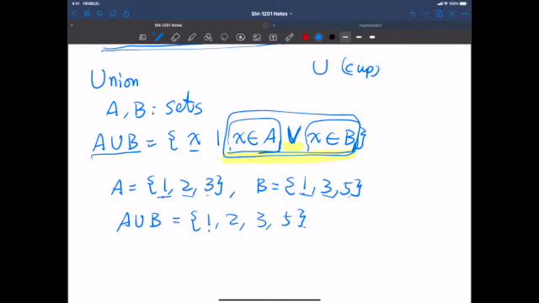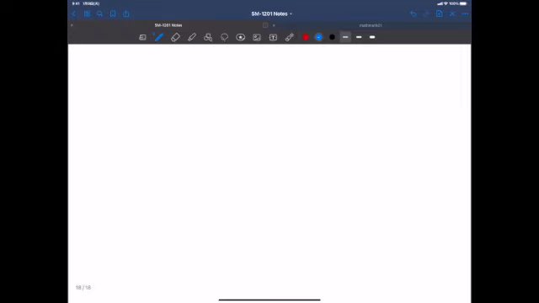And 2 belongs to A but not B, but it's okay because we are using OR here. And 3 belongs to both A and B, so it satisfies this. And 5 belongs to B, not A, but it's okay. So every element of A cup B belongs to either A or B, or maybe both. Next, we define intersection.